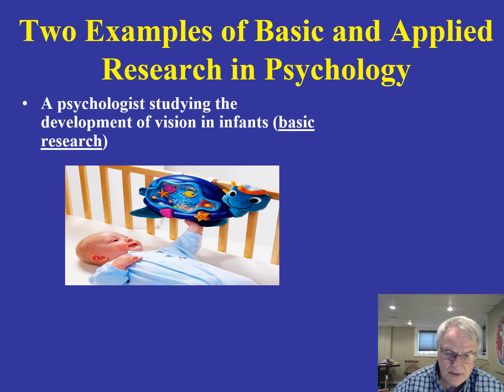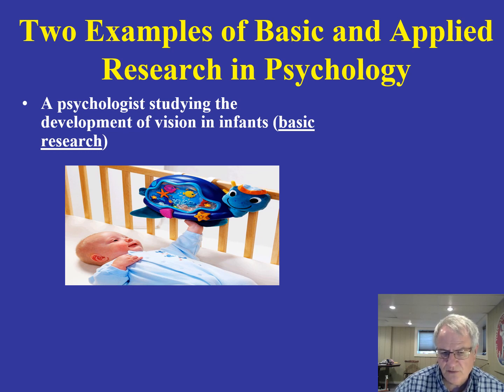I want you to pretend for a few moments that you're a developmental psychologist. You're interested in visual processing, let's say. You want to know when visual processing begins. You want to know how sophisticated it is in young infants. One of the things that you do as a researcher, you construct an experiment where you take a look at preferences that infants have.